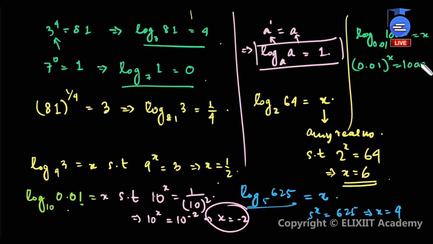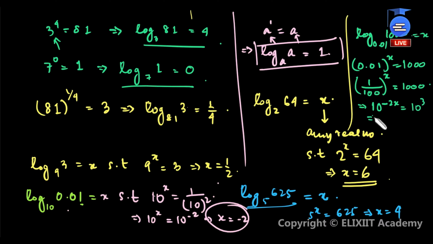How will you find this? We have 0.01 raised to the power x. Convert this: 1 upon 100 raised to the power x is equals to 1000. 1 upon 100 means 1 upon 10 square, so this is 10 to the power minus 2x is equals to 1000, which is 10 cube.